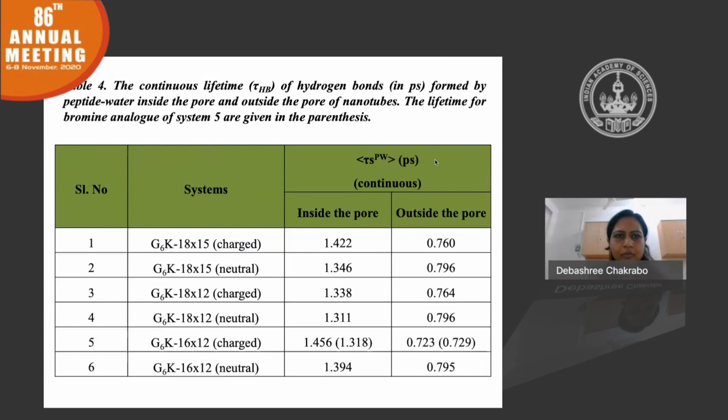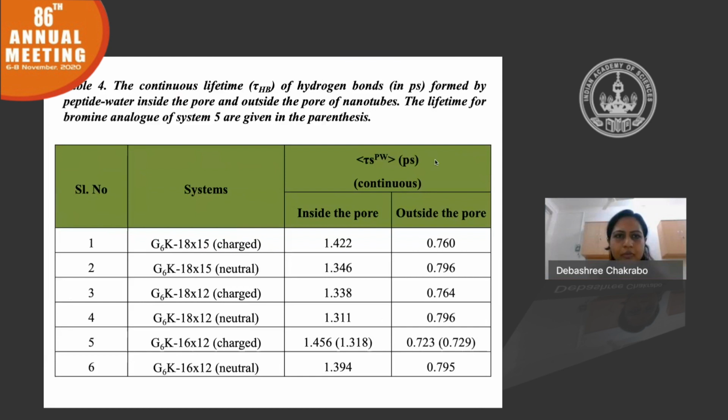That's a very small amount, but it is less. The reason may be that in the charged analog, the lysine unit is charged, so the chloride ion will come to this charged unit, which reduces the probability of the peptide making hydrogen bonds with the water molecules, and so maybe the hydrogen bond lifetime is less.